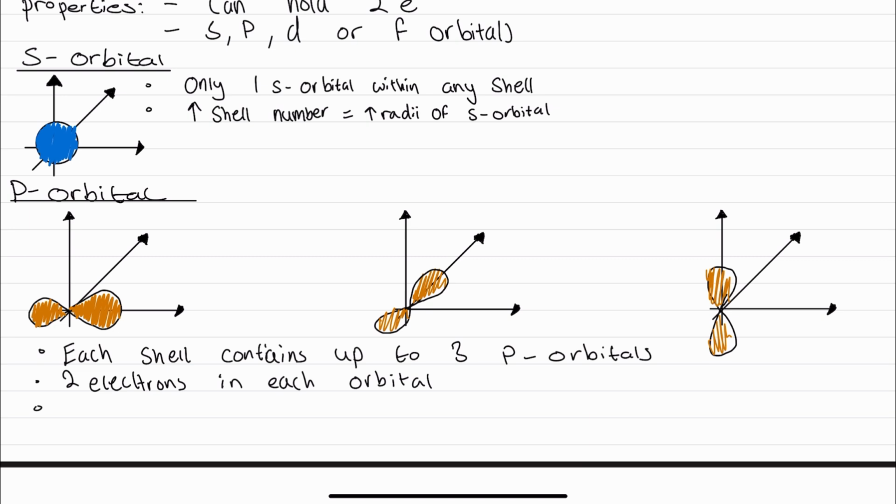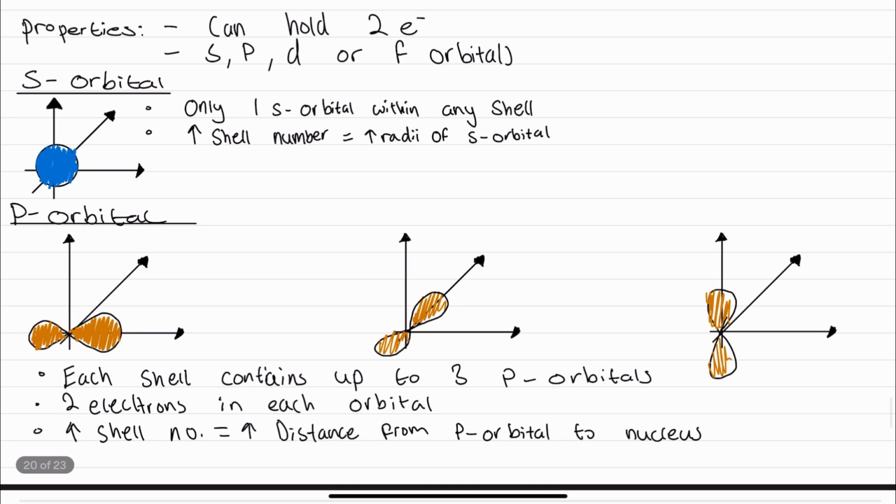And lastly, if you increase the shell number, you increase the distance from p orbital to nucleus.